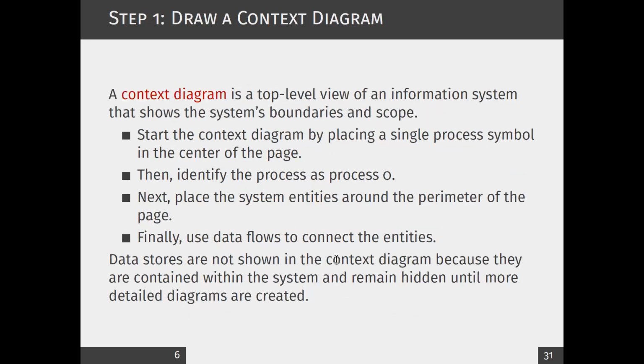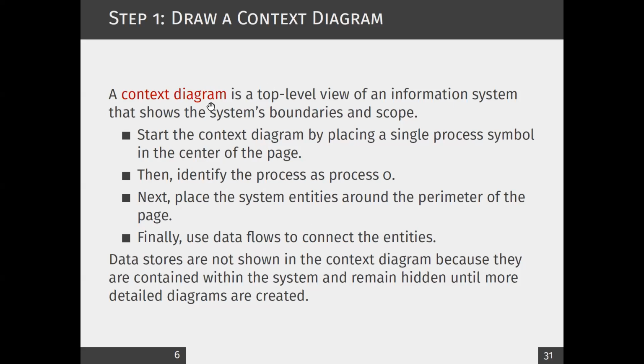Okay. So let's start with drawing a context diagram. As I iterated earlier, a context diagram shows you the top level view of an information system, and it will show you the boundaries and also the scope. In the sense, what are the things that interact with the system.